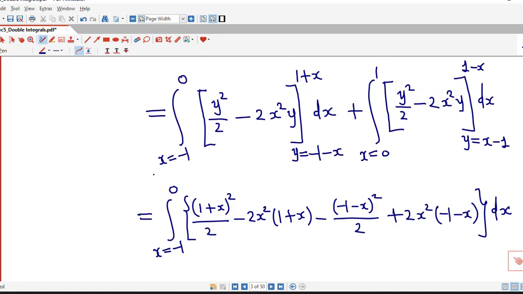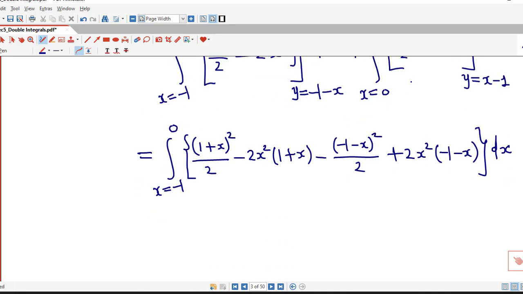and then here we put values of y as 1 minus x and x minus 1.